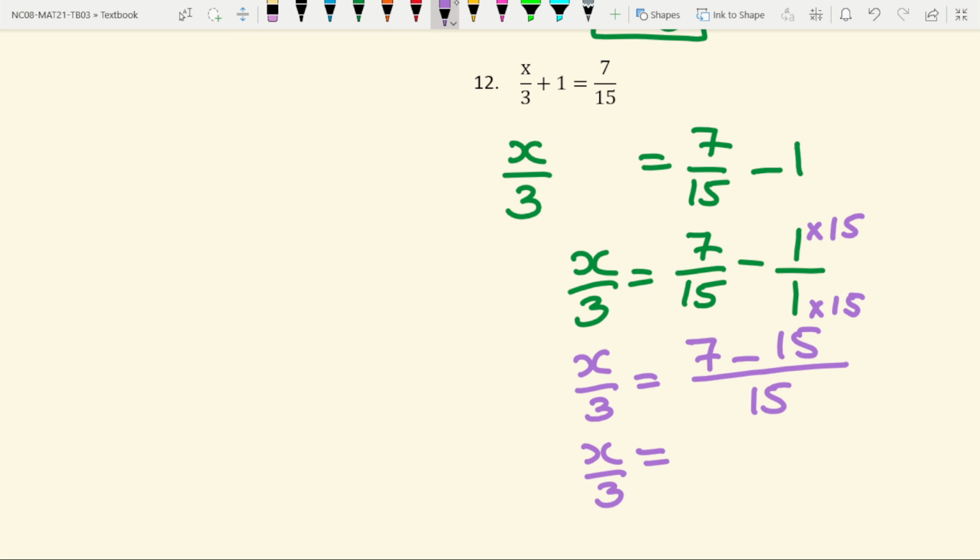So 7 minus 15, we cannot subtract 15 from 7, so we'll subtract 7 from 15. Instead of 7 minus 15, we'll do 15 minus 7. What is 15 minus 7? 15 minus 7 is nothing but 8. So we have obtained 8 by 15, but because 15 was bigger and it has a minus sign, it will not be 8, it will be minus 8.